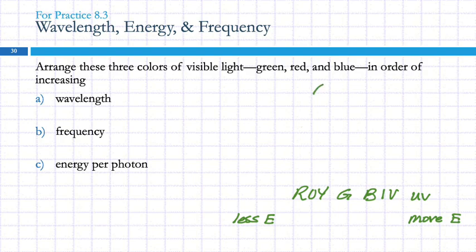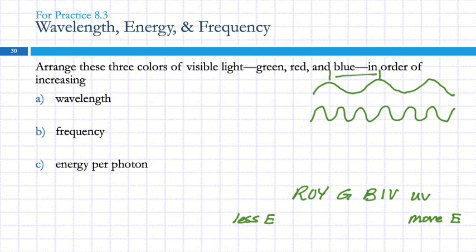If we think about waves, we can compare the wavelengths, right? That's the wavelength from the top of one to the top of the next one, and here's the wavelength for that one. This one is a longer wavelength, right? So this is longer wavelength, and this is shorter wavelength.